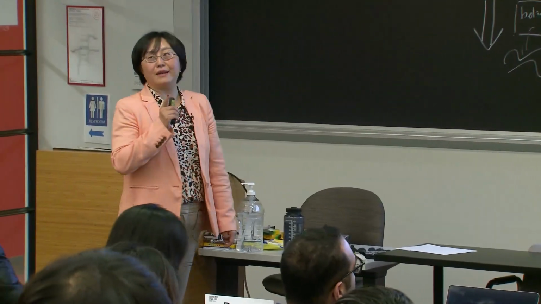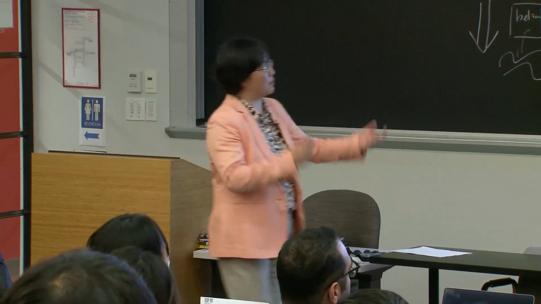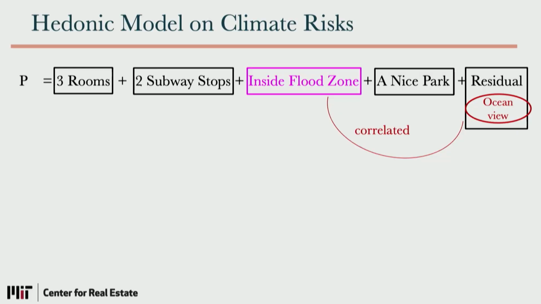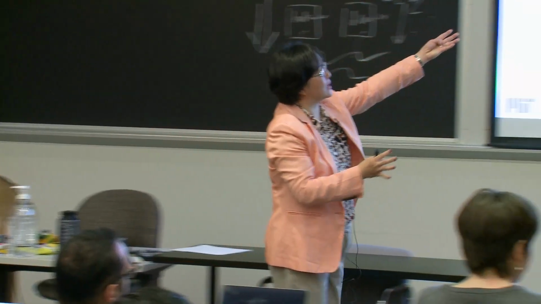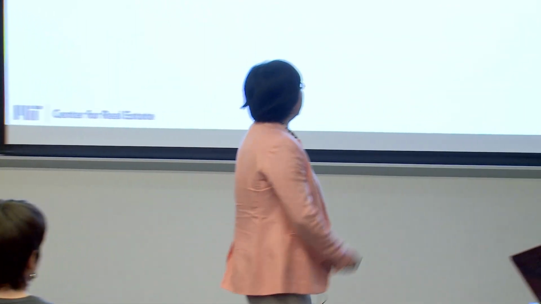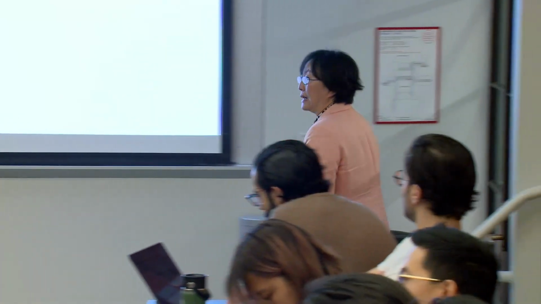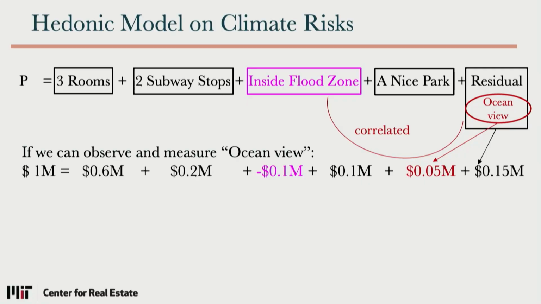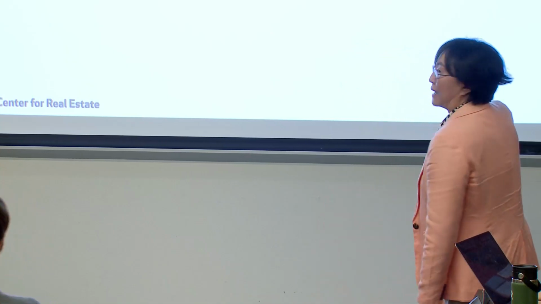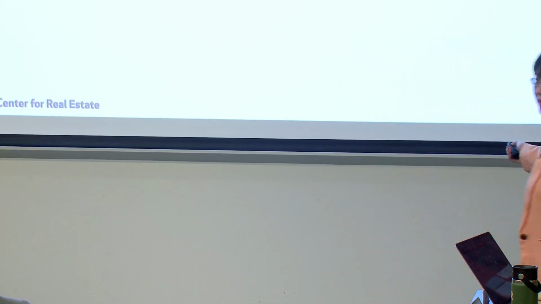So now I have one example, to make it simple, which is ocean view. As we said, with ocean, seaport, it's very easy that you are in the flood zone. Now the trash can is not that clean. If we can observe and measure, for example, if we are so sophisticated we can measure exactly the ocean view's value, that's a very hypothetical scenario.